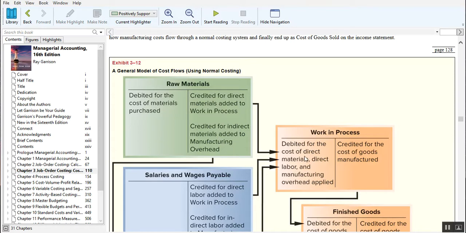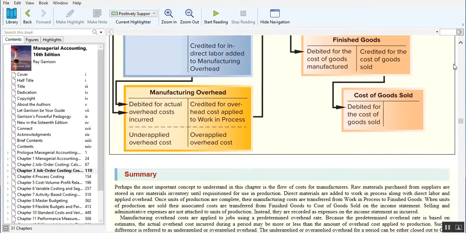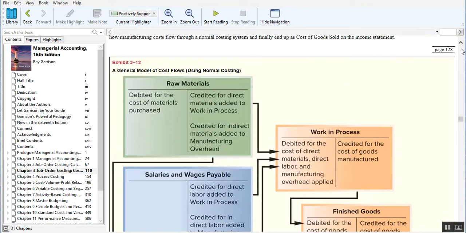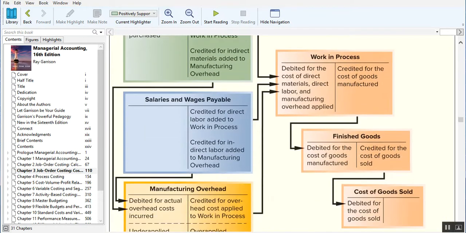The work in process, they show the debit there for materials, direct labor, and so on, and the credit for goods manufactured. Finished goods, they show the debit for goods manufactured, the credit for goods sold, cost of goods sold debited for the cost of goods sold.